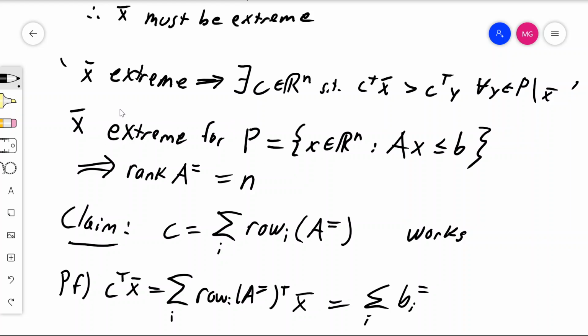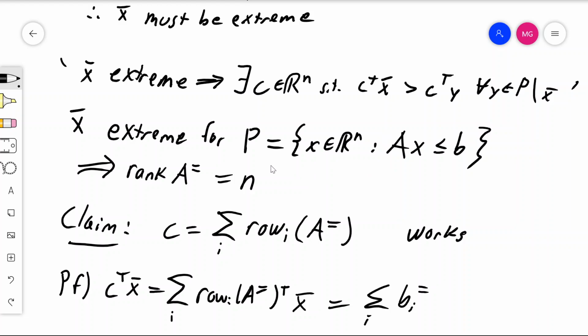First of all, let's write down what the polyhedron is. It's the x's in R^n that satisfy some intersection of half spaces, right? So it's Ax is less than or equal to b for some matrix A and some vector b. We don't know what they are, but just so that we have the notation in place.